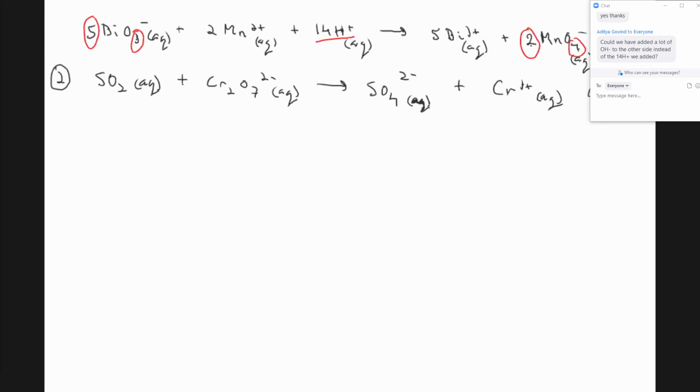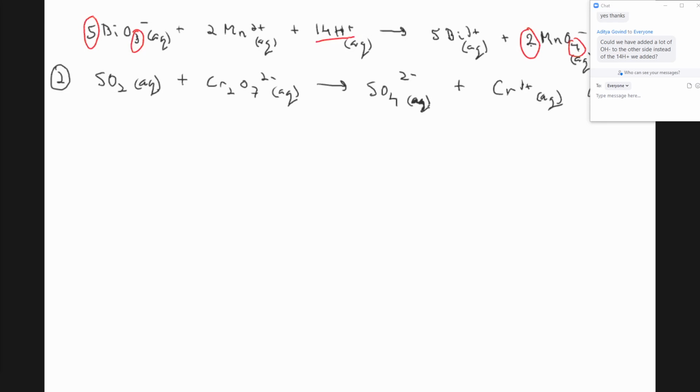So we still do step 1 and step 2 the same. Still write the oxidation numbers for each of the atoms, figure out what's gaining, what's losing.